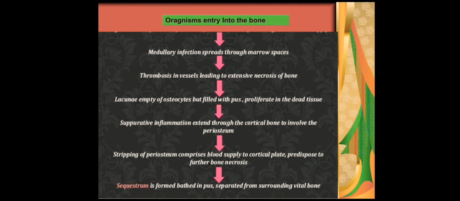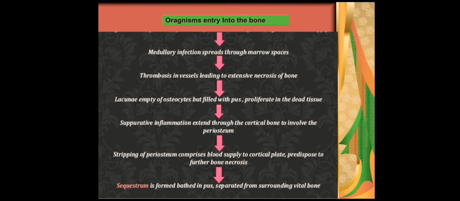Now coming to the pathogenesis of osteomyelitis. How does the organism enter and what exactly does it do to cause necrosis of bone? As I said, pyogenic osteomyelitis is mostly because of Staphylococcus aureus, in 80 to 90% of cases. Certain cell wall proteins present in these organisms bind to bone matrix components such as collagen, and that helps the bacteria adhere to the bone.